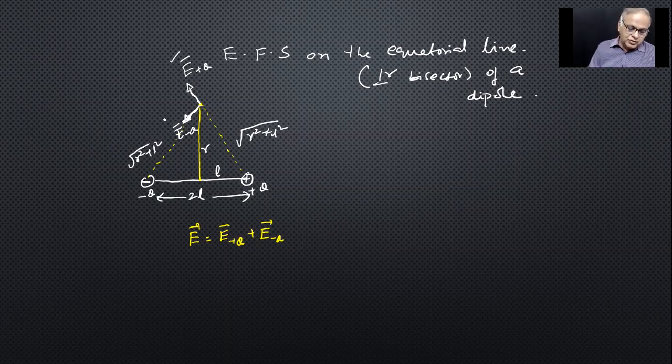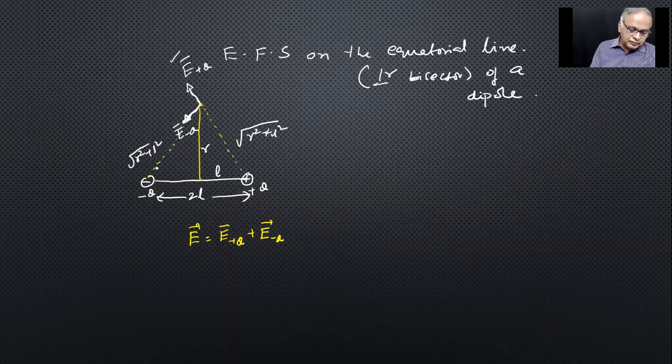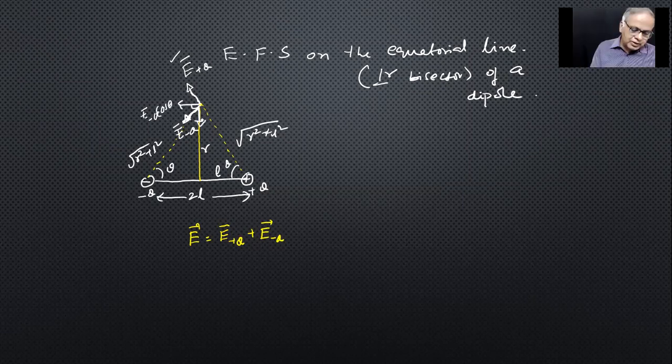If you say this angle is theta, for example, this angle is also theta. You can resolve this into components to find out the vector sum, or you can apply the cosine rule also, but applying components will be much easier. Component of this will be E due to minus q cos theta, and E due to minus q sine theta.